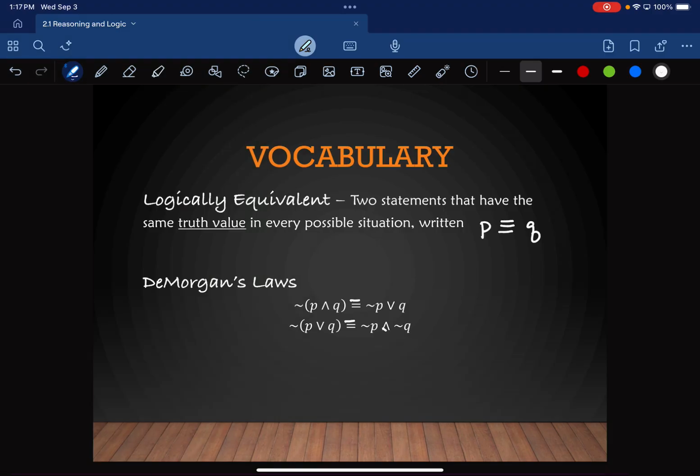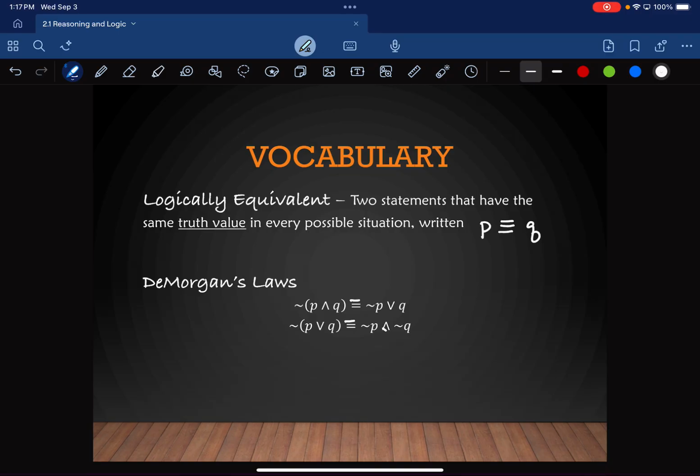De Morgan's laws tell us what happens when we negate statements which start out as conjunctions or disjunctions. The first one is an and statement, a conjunction. What we see is a negation outside a set of parentheses. The negation moves its way through, kind of like a negative would in algebra, but it affects three things.